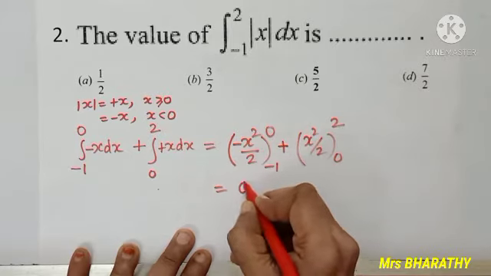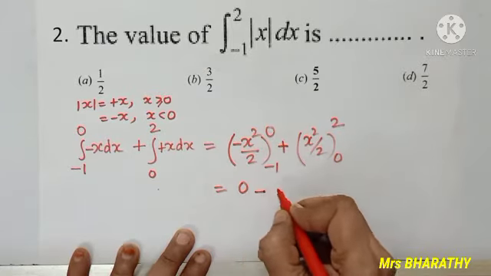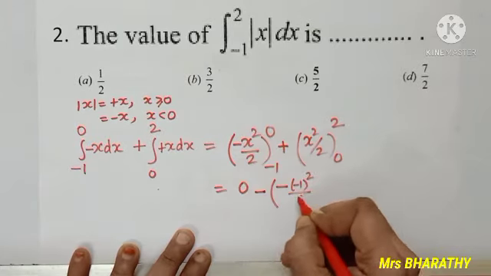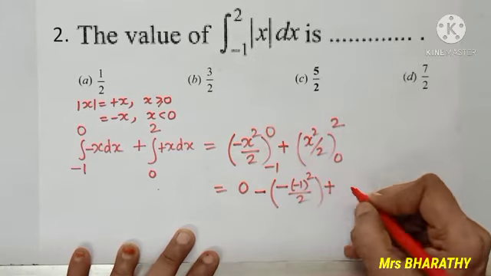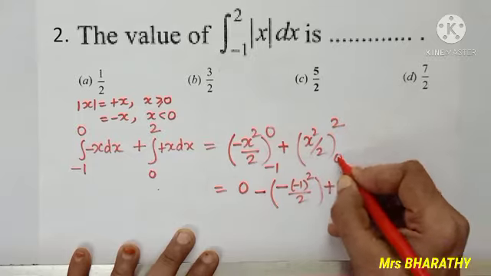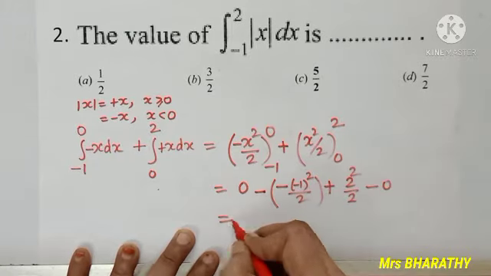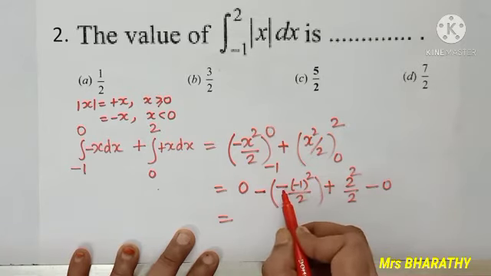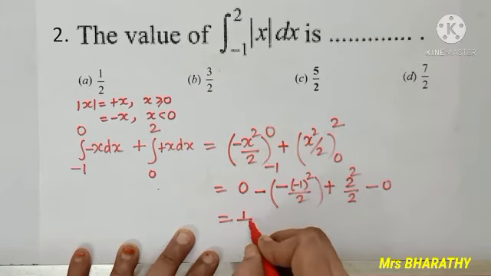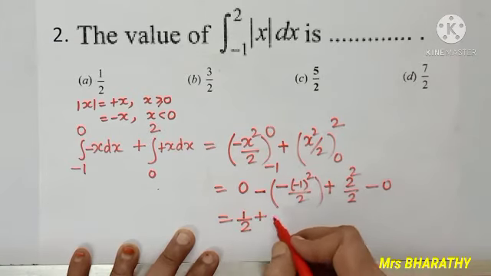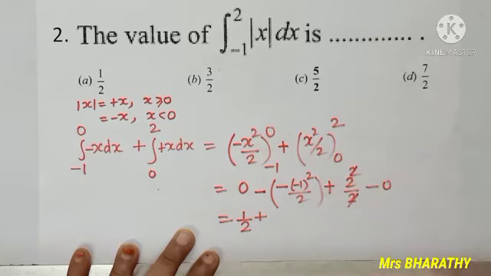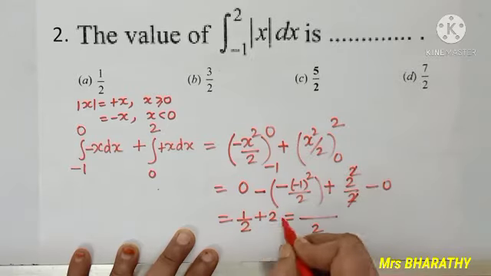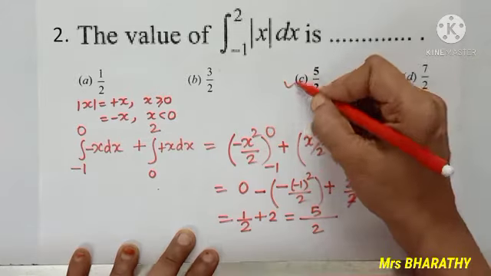Upper limit gives me 0, minus lower limit, minus of minus 1 the whole square by 2, plus upper limit 2 square by 2, lower limit 0. As we simplify, minus 1 the whole square is plus 1, minus into minus is plus. So altogether it is 1 by 2 plus 2. As we take LCM, it is 4 plus 1, 5 by 2, and the right choice is C.